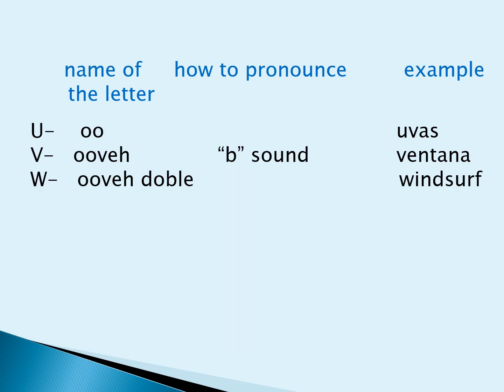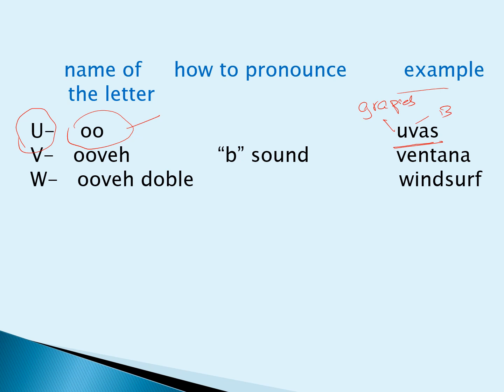In English, this is letter U, but in Spanish, the name is different. Right? Look at the example. Uvas. Here, a B sound. So, uvas means grapes. Right.